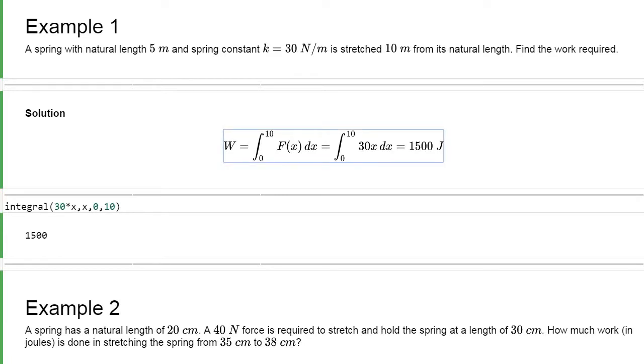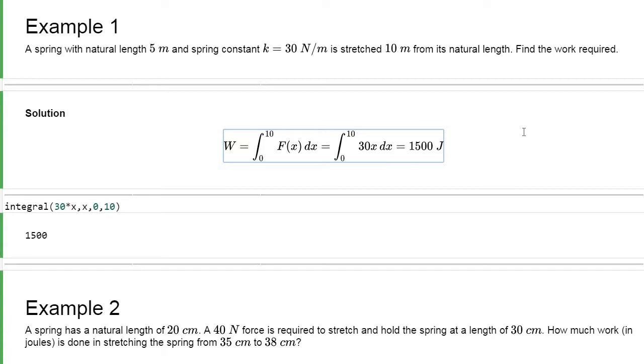The force is k times x, where k here is 30 and x is the distance we've moved it. So 30 times x is the force function. Now x is the distance we've moved from the natural length. So I want to stretch this 10 meters from the natural length, so I start at 0 from the natural length, and I go to 10 from the natural length. That's what I need to integrate.